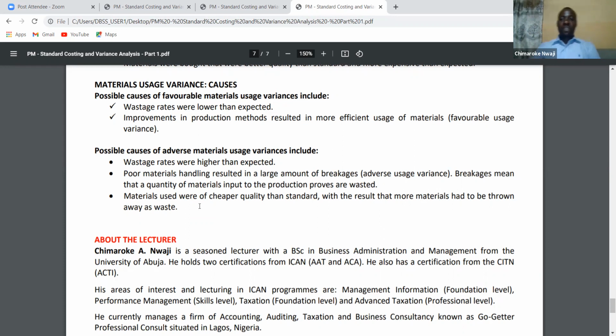So far, we've talked about standard costing. We then developed it into preparing a fixed budget. And we said fixed budgets are so rigid that when we get the actual result, we cannot compare them together. It's going to be unfair.